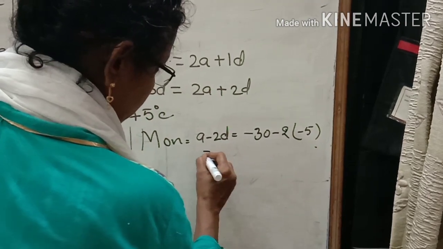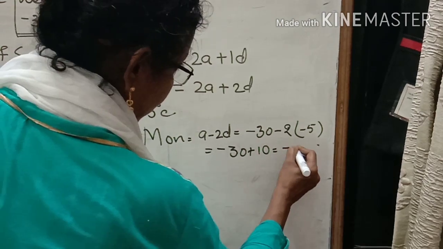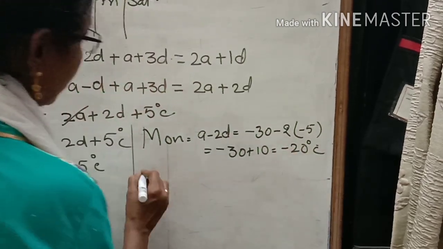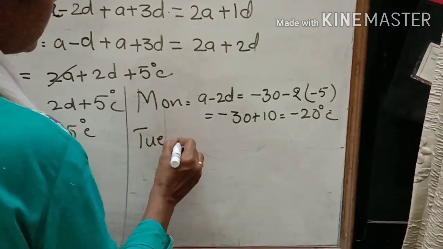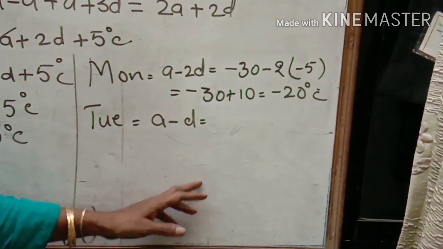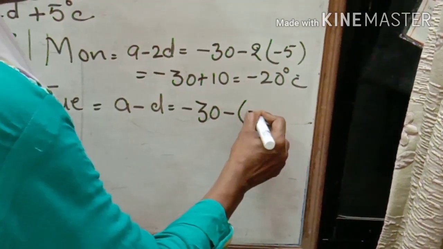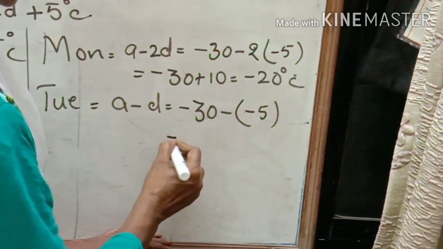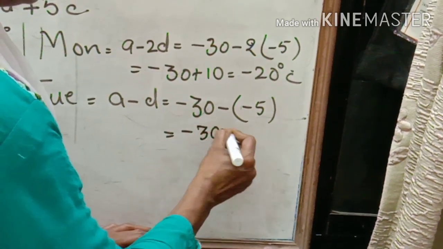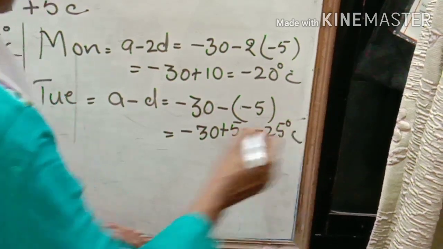That is equal to minus 30 plus 10, is equal to minus 20 degrees centigrade. Tuesday, a minus d is equal to minus 30 minus (minus 5). That is minus 30 plus 5 is equal to minus 25 degrees centigrade.